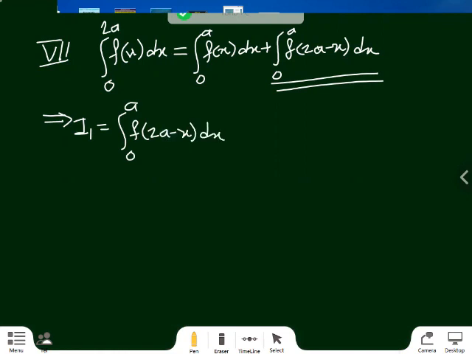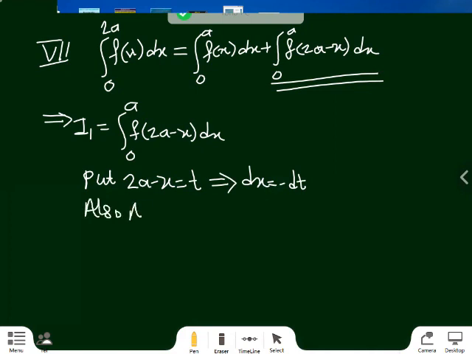Now here put 2a minus x equals to t. Now after differentiating and adjusting the negative sign, we get dx equals to minus dt.